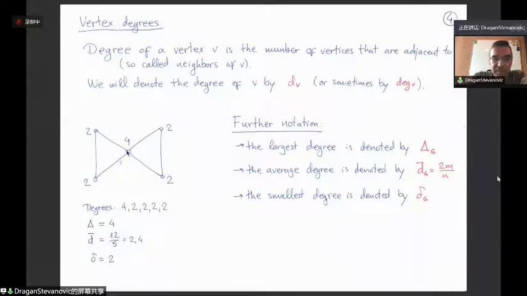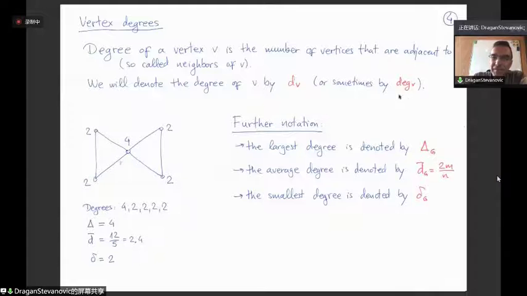Over here the degree of this central vertex is equal to 4, as it is adjacent to everything else. And the degree of the remaining vertices is equal to 2. Each of them is adjacent to the central vertex and to one additional vertex. The degree will usually be denoted by d of v, or deg of v, depending on the case.